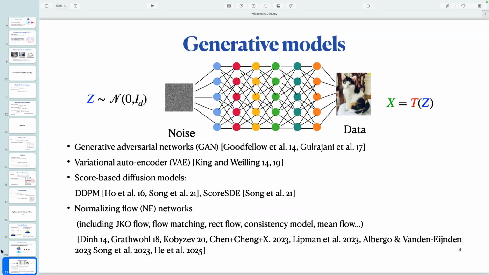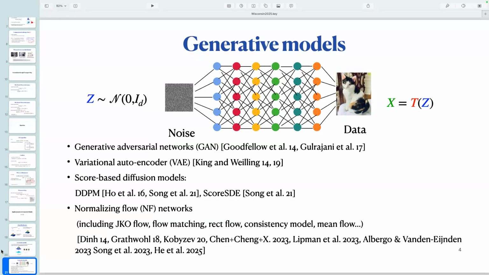Here I would summarize the generative model, broadly speaking, as a transformation of the data. There are many generative models, for example GAN, from the earlier version of GAN, VAE, or autoencoder, to more recent versions like diffusion models and normalizing flow type models. They all, roughly speaking, are a transformation of noise towards a data distribution.